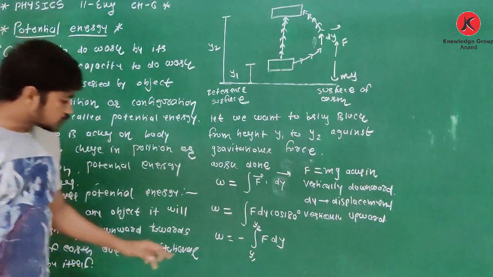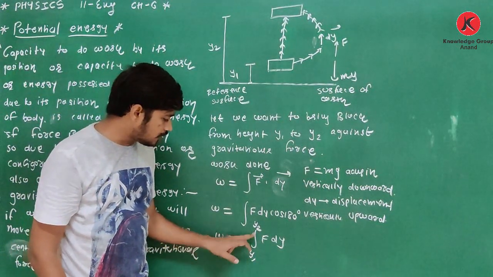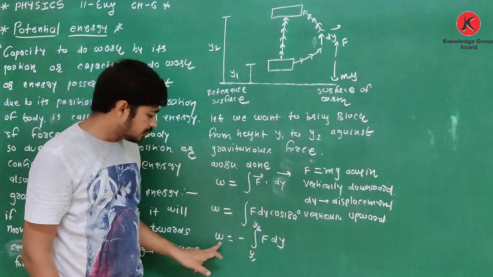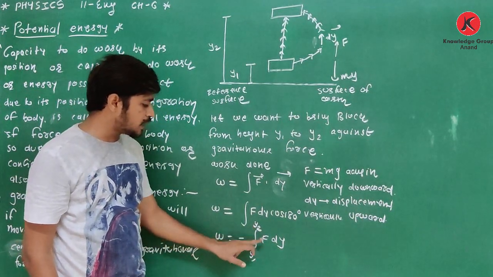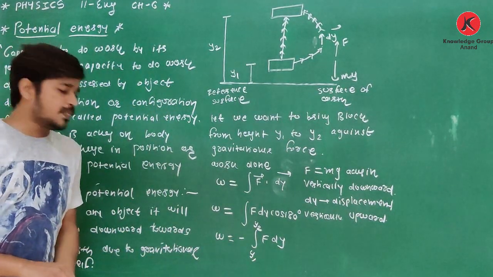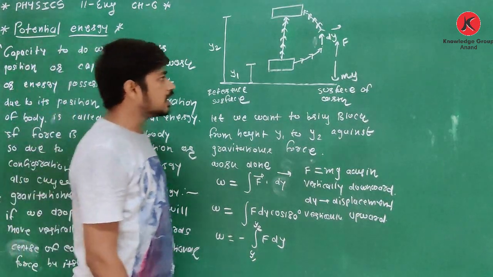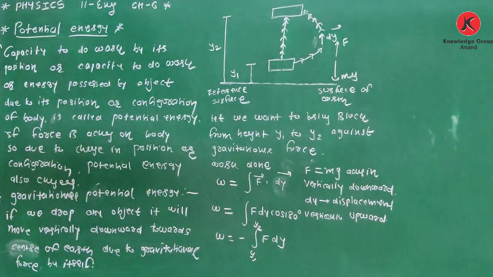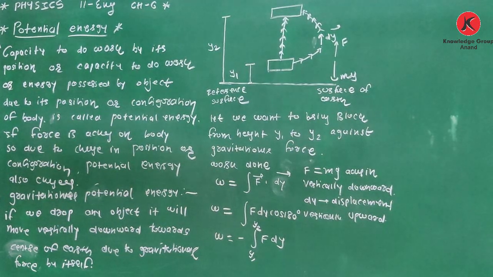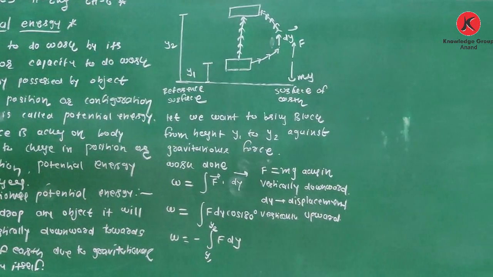Clear about this? So W is equal to minus the integral from y1 to y2 of F dy. Clear? Now I will put the value of F, that is mg. So see how to write: W is equal to mg. See, here it is.